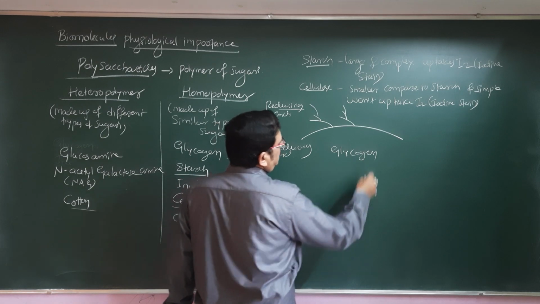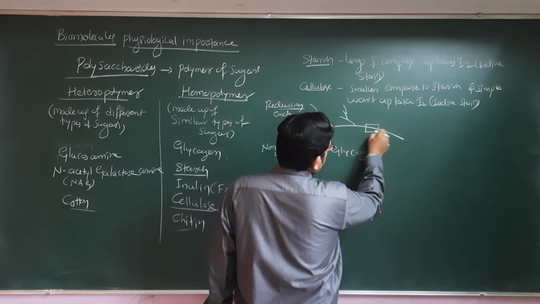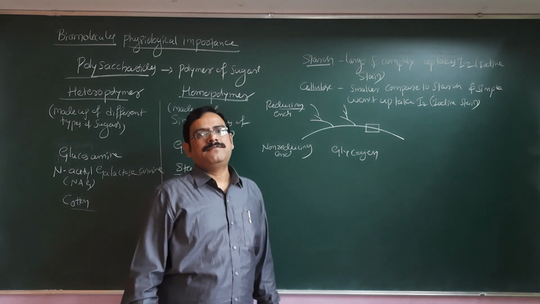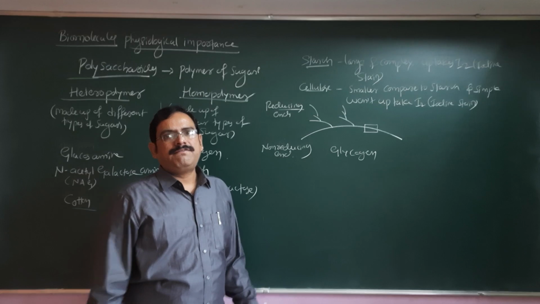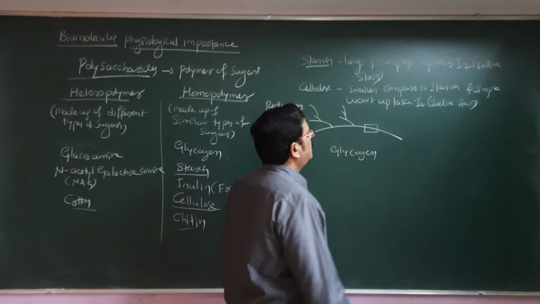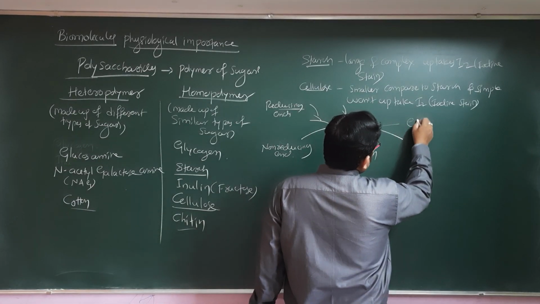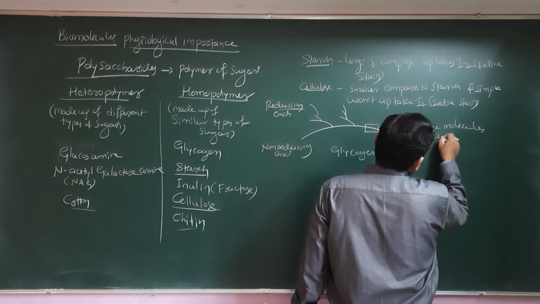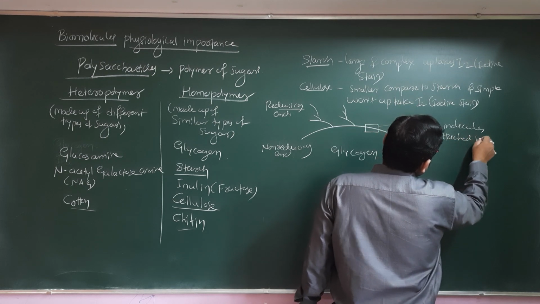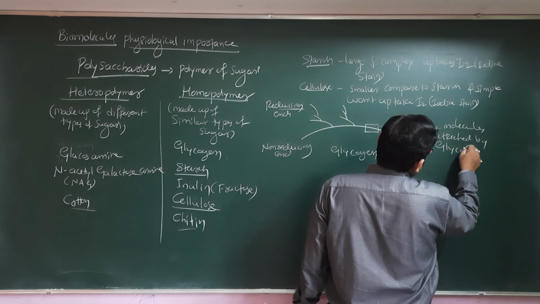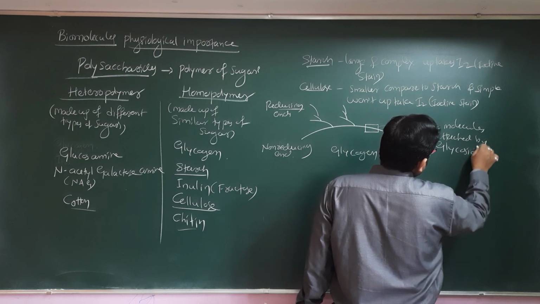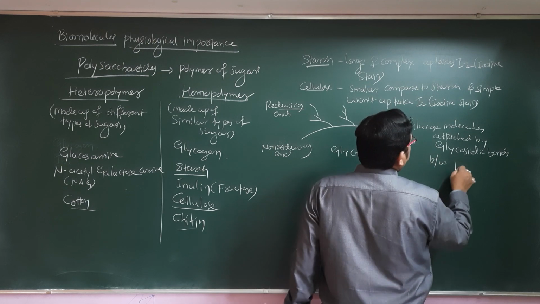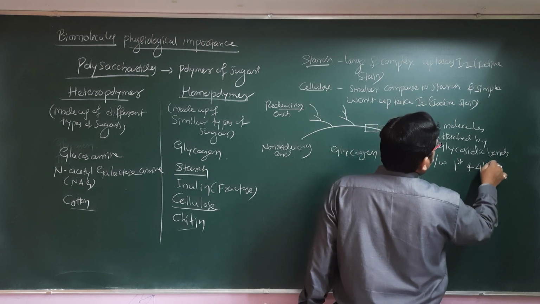So if we take this section of the long chain, how are they made up? The glucose molecules are attached by glycosidic bonds between the first and fourth carbon.